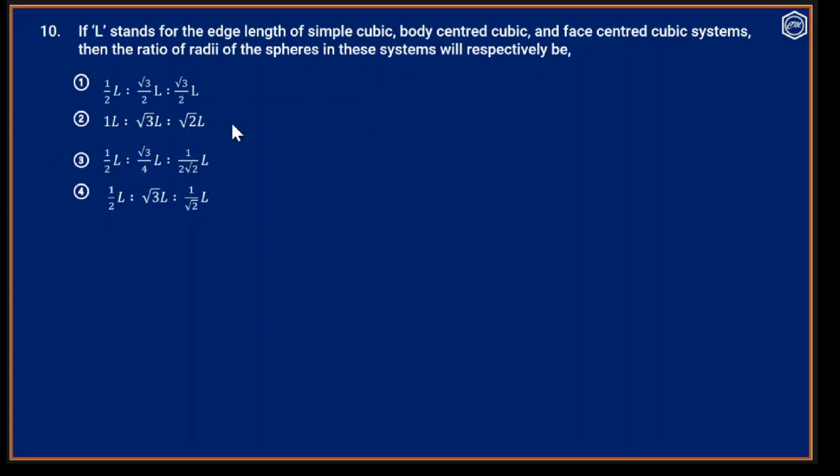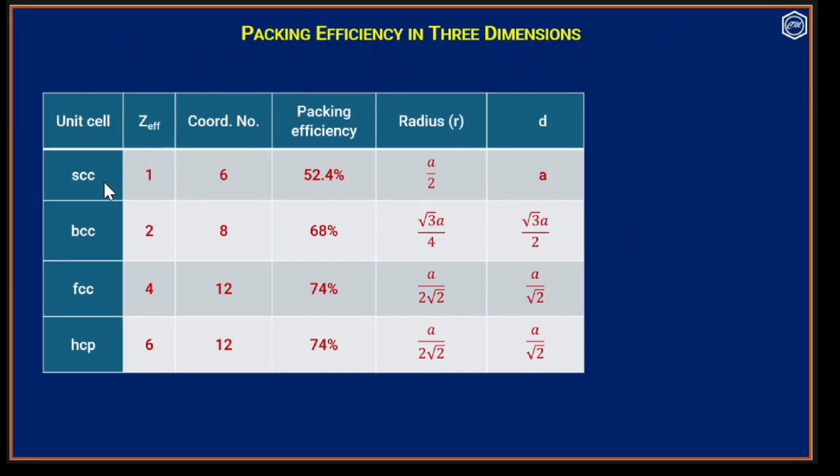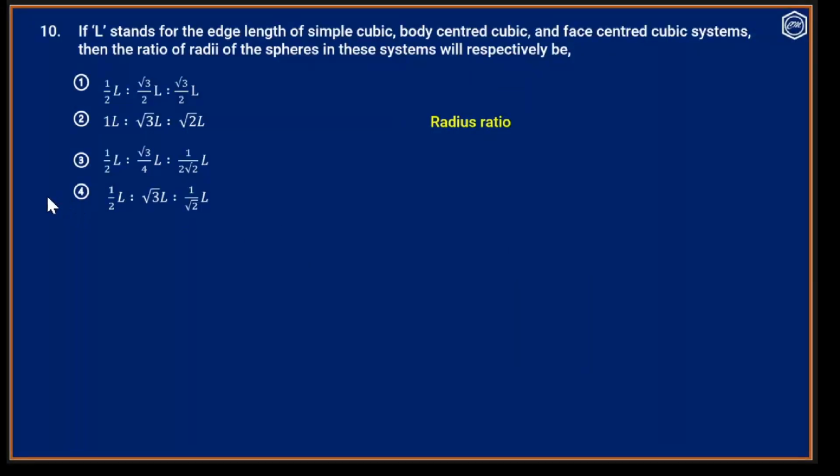And we can easily arrive at this from the radius relations. For simple cubic unit cell, it is a by 2, body-centered it is root 3 a by 4, FCC it is a by 2 root 2. So the correct option will be 3.